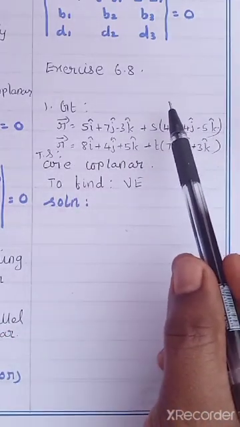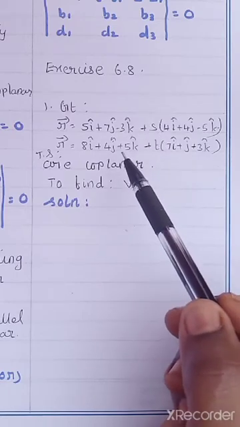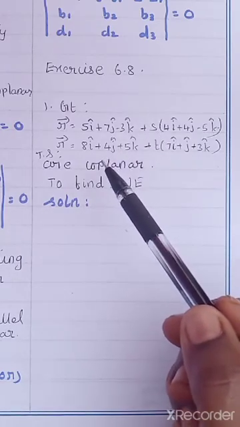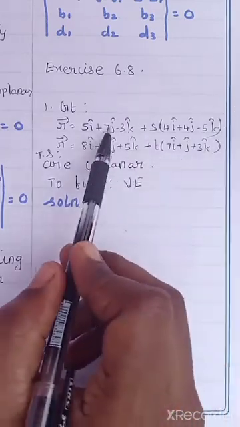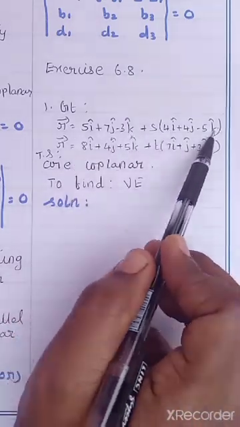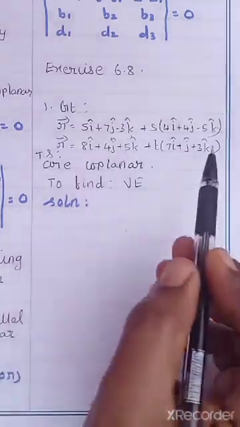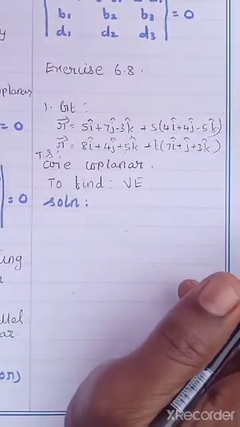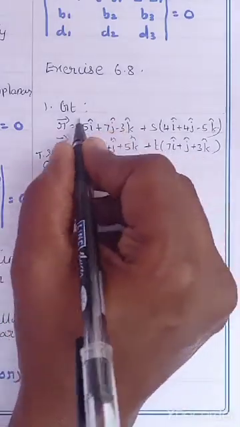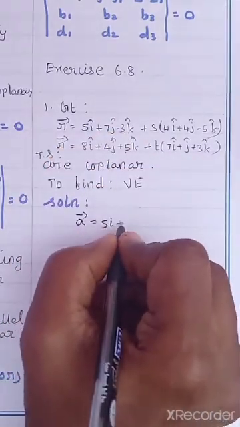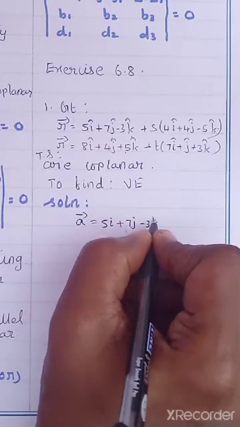So this is what is given. First we have to take it in the form R equal to A plus SB, R equal to C plus TD. Now this is the point and this is the vector. So A vector is 5i plus 7j minus 3k.